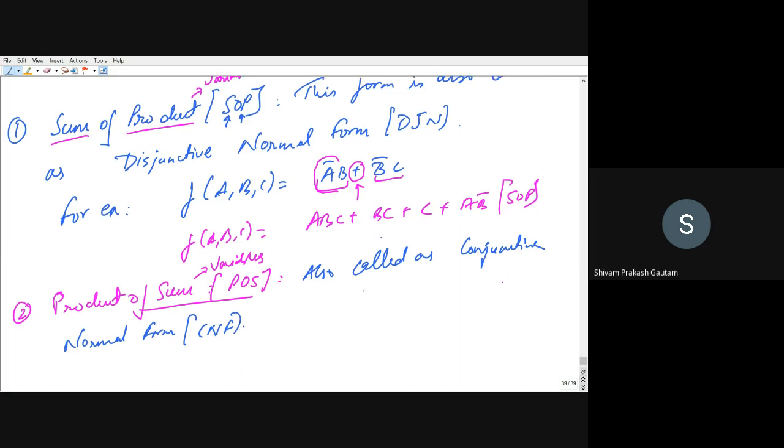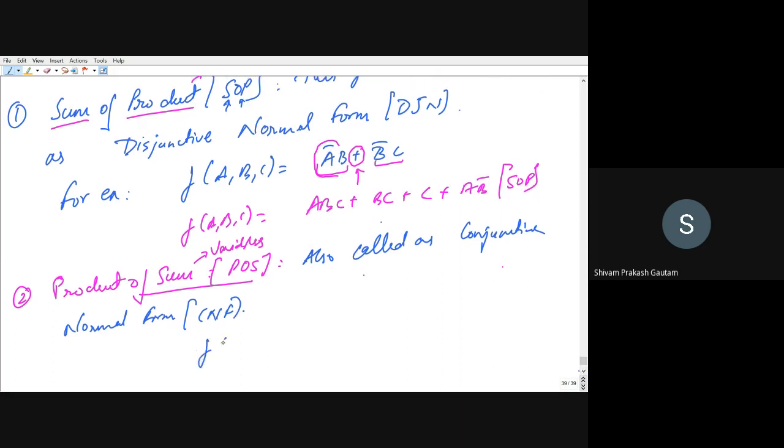And how can we represent, for example, a function of ABC in product of sum form? We are having a product, and you can sum the variables, like A bar plus B bar, B plus C, like this.